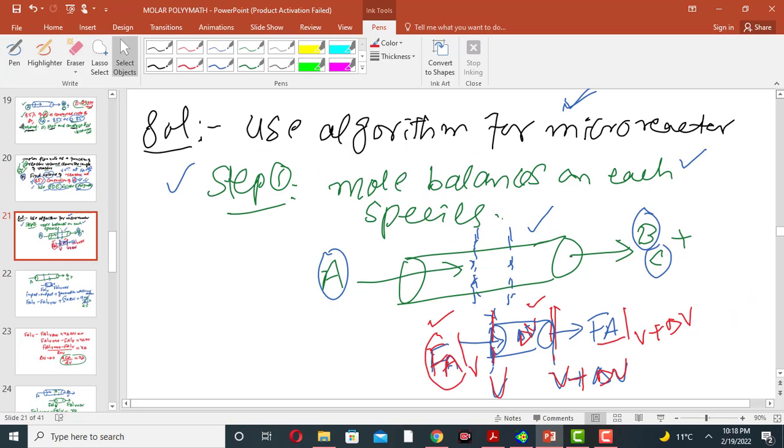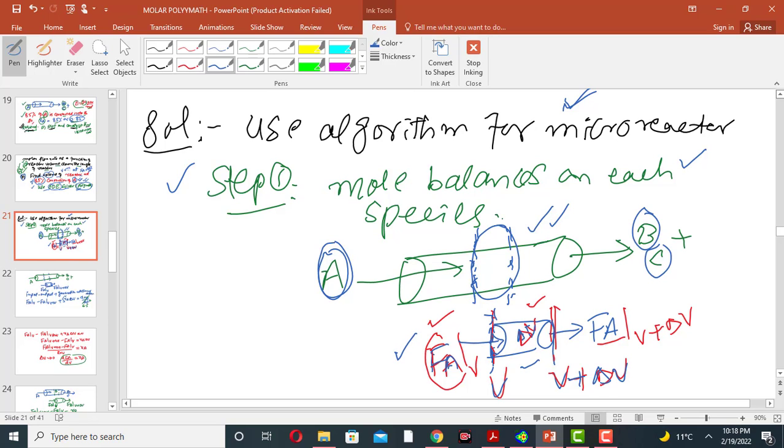So this was our PFR. Now we are writing the mole balance on component A. So we took a small volume of the PFR and we will apply the mole balance.